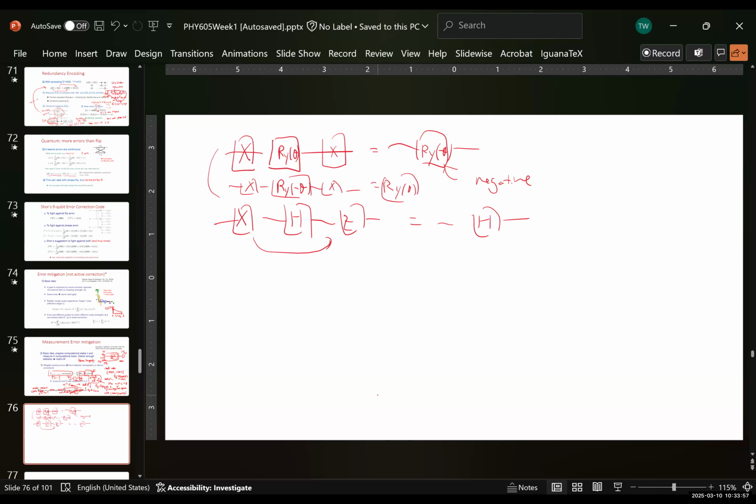But do we want to keep the original gate? It depends. It depends how you want to design it, but usually they want to maintain the same gate. So for example, if you have a CNOT, if I have an X and I move it through that, it becomes an XX.